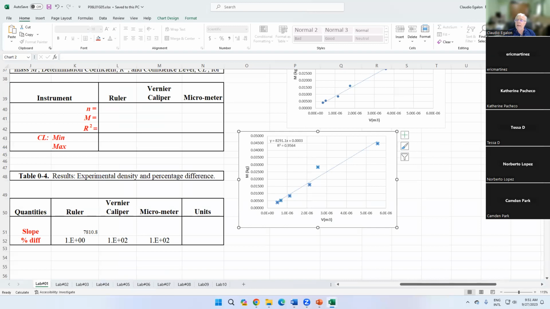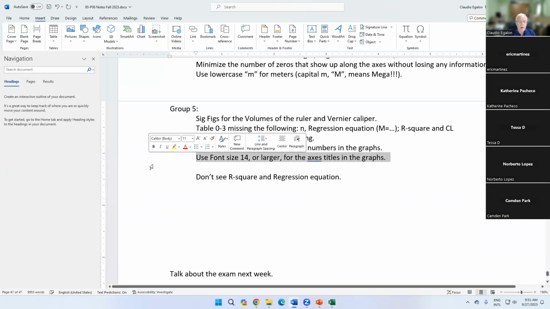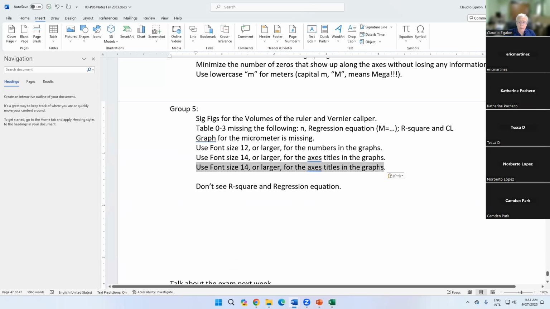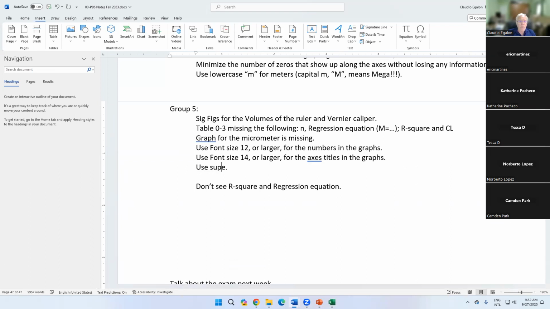Yeah, let's add that. Use superscripts for the units when necessary.